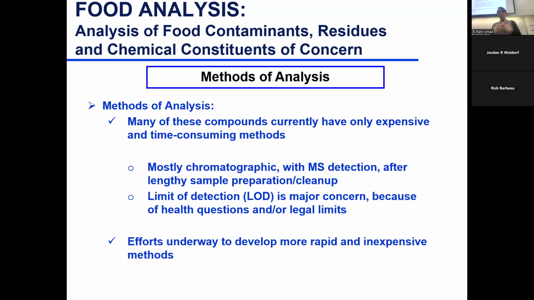But all of the methods, or most of them, are chromatography and MS detection, which is really more expensive, time-consuming methods. The limit of detection is a major issue because you want methods that can have very, very small threshold, because some of these compounds are present at very small concentration.